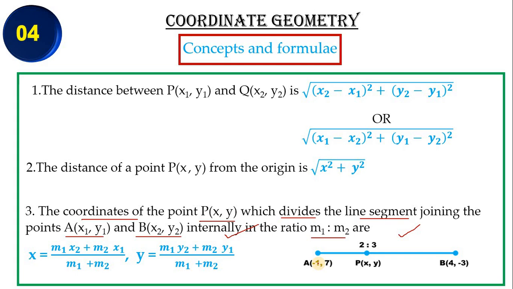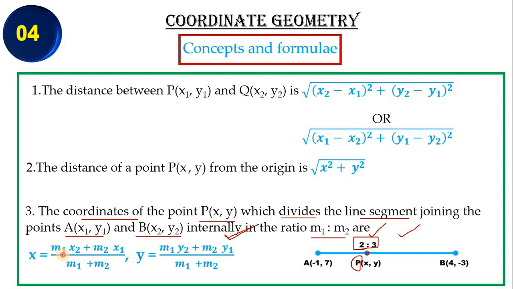Here there is a line segment AB, and this line segment is divided by this point P. So this point P divides this line segment in the ratio 2:3. Whenever a point divides a line segment in any ratio, in that case we will use this formula.